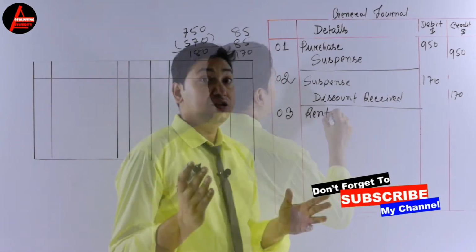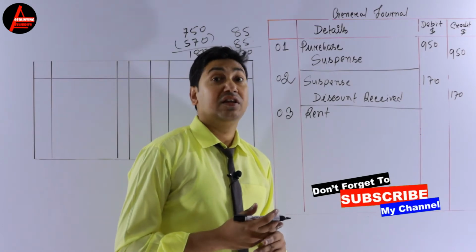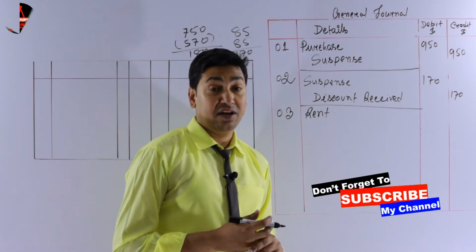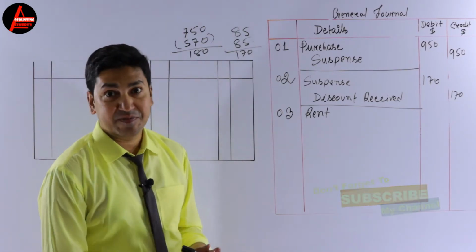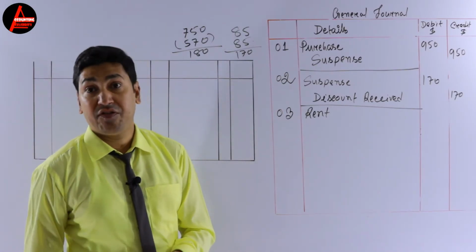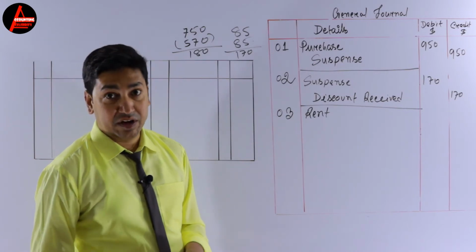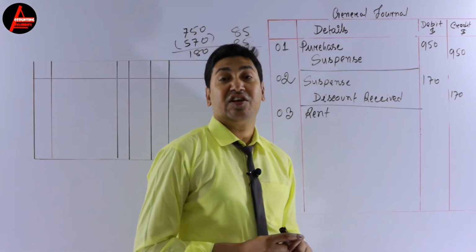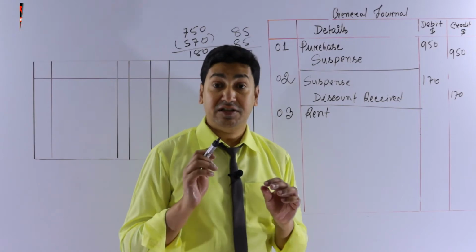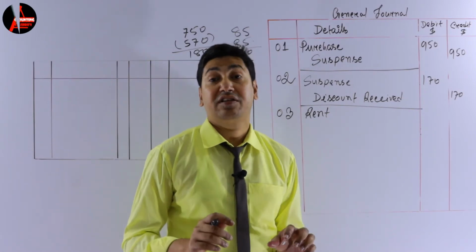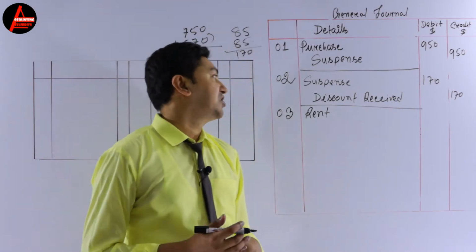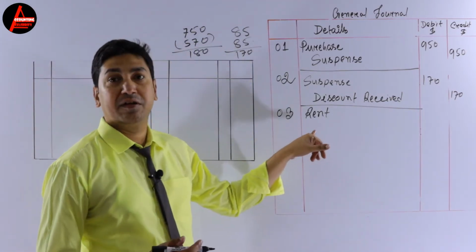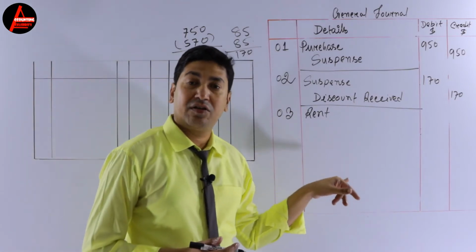Okay, do you know, by the way, the rules of debit and credit? How to understand whether this account will be debited or credited? If you don't know, I have a video on it. I'll link to this video in the I button. You can watch it, it is a very helpful video. You'll understand the debit and credit. So here rent is debited because it's a nominal account.